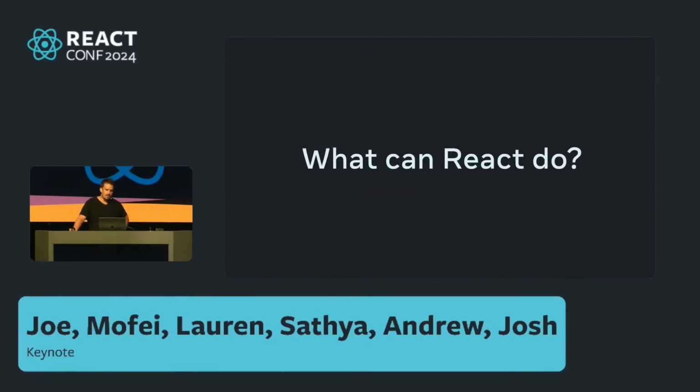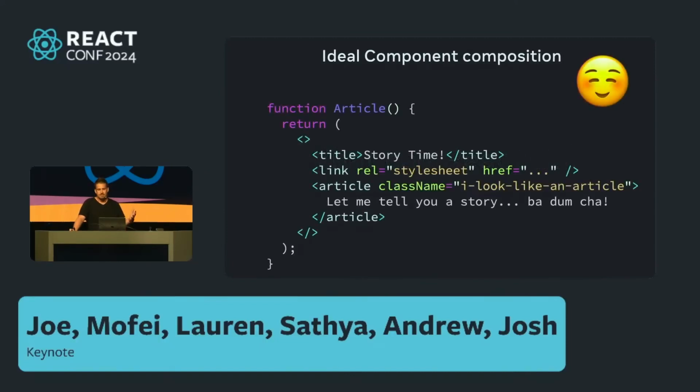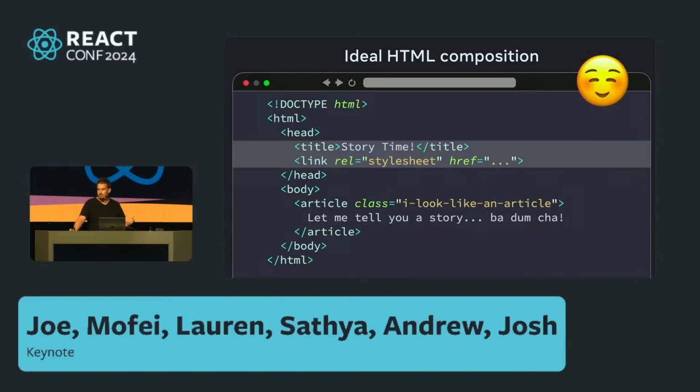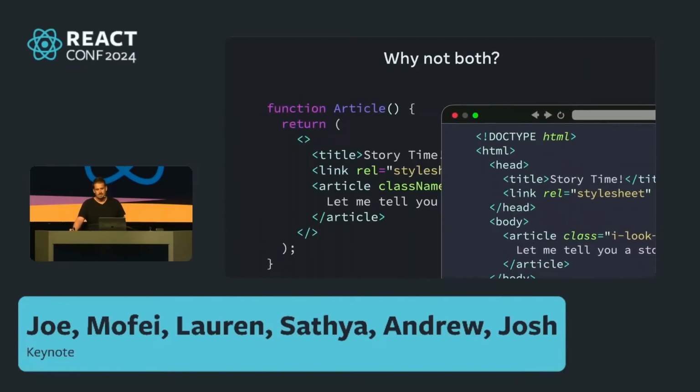So what would it look like if we had a React-powered solution for this problem? We started with the premise that this composing of HTML was ideal for component composition. And we also said that this was ideal for our document composition. So in React 19, we set out to make it possible for you to have both.